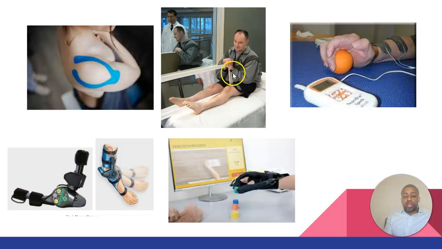Essentially, what he's doing is how mirror therapy is practiced: you hide the affected limb behind the mirror, and the unaffected limb moves, and the person looks at the reflection of the unaffected limb moving, to give the brain the perception that the affected limb is moving. That increases cortical activation and potentially cortical reorganization.